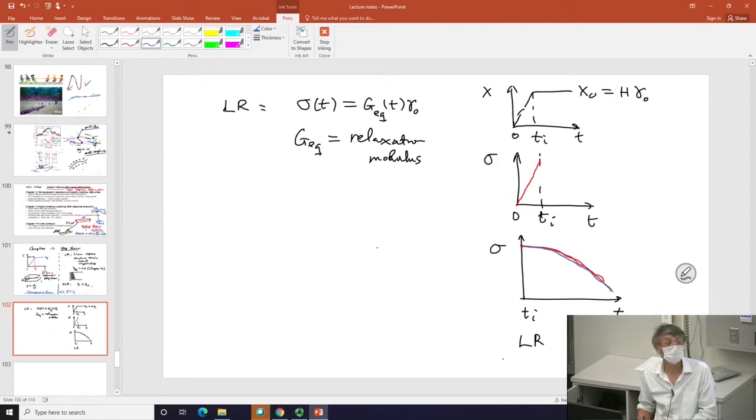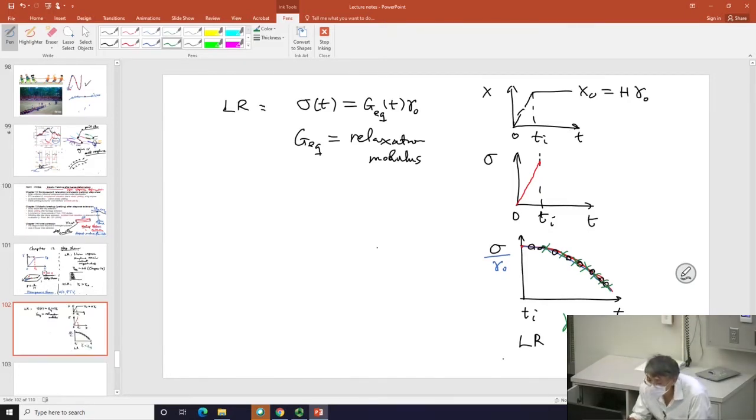If I want to save my space a little bit, I divide this stress by the strain. Then I will be able to claim that all my experiments fall onto the same line as long as my amplitude is smaller than the linear response limit.